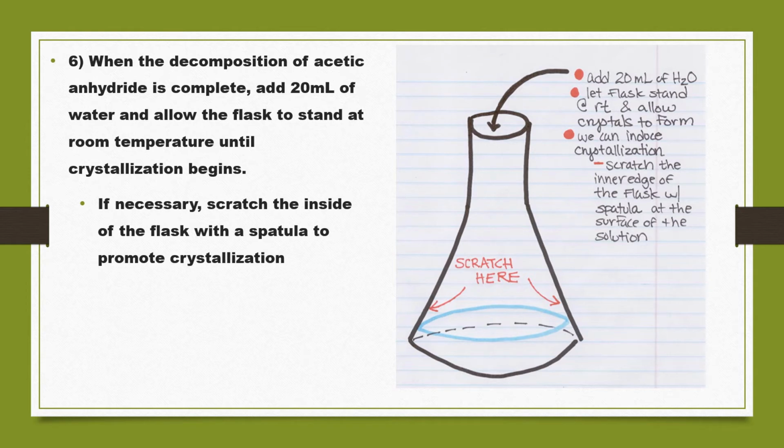You can have a hard time recovering crystals. So in that case, you can scratch the inside wall of the flask right at the top of the surface of the solution using a stirring rod.